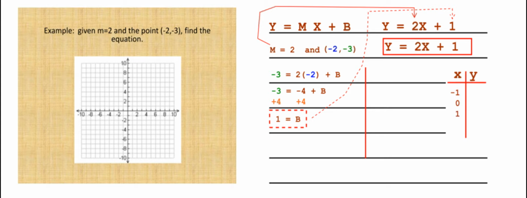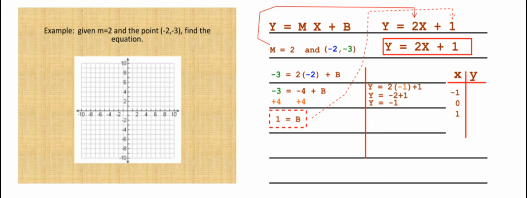So for x values, we can plug in -1, 0, and 1. And try to plug it into our equation to find the y values. Okay, so for the first case, let's plug in the -1 when x is -1. So 2 times -1 gives us -2 plus 1. -2 plus 1 gives us -1.